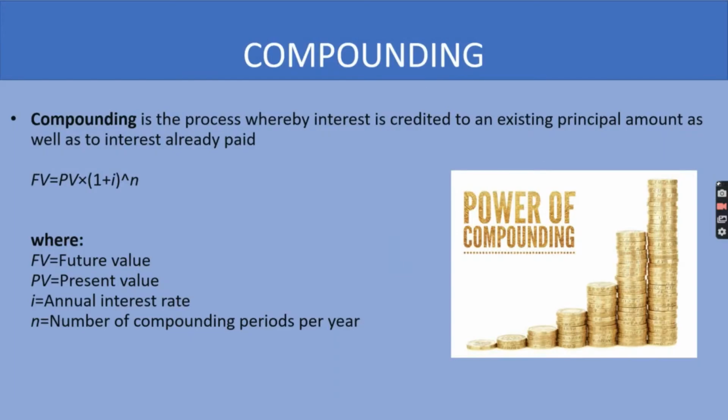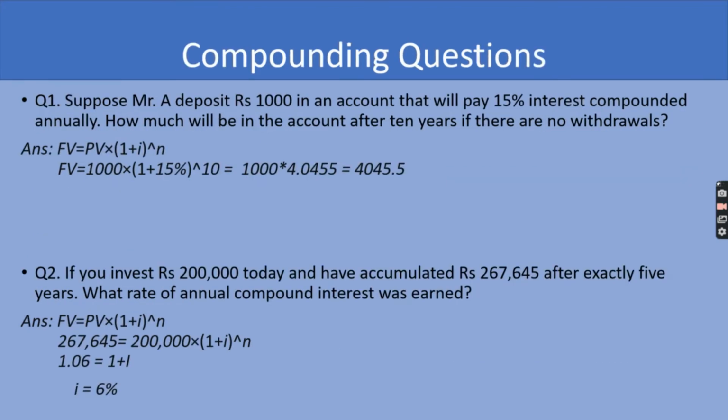As you all must be aware, Albert Einstein once said, compound interest is the eighth wonder of the world. He who understands it earns it, he who doesn't pays it. So let's solve basic questions of compound interest. The first one is, suppose Mr. A deposits rupees 1000 in an account that pays 15% interest compounded annually.